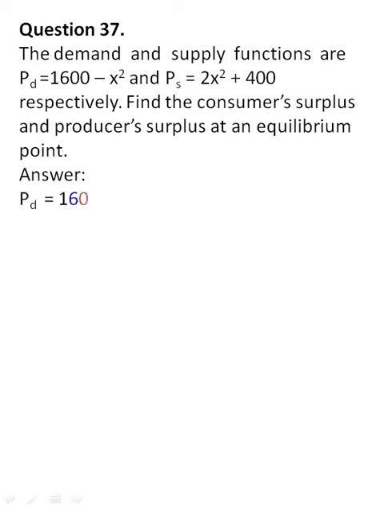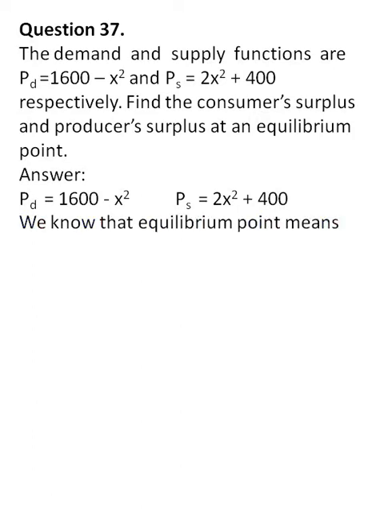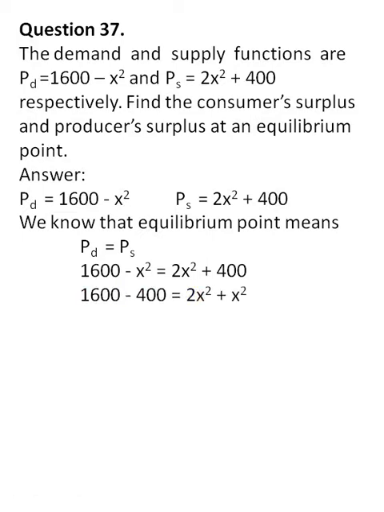P_D = 1600 − x² and P_S = 2x² + 400. We know that the point of intersection of demand and supply curves is called the equilibrium point. So P_D = P_S, and we have to equate both. So 1600 − x² = 2x² + 400. On bringing 400 to the left hand side, 1600 − 400 = 2x².